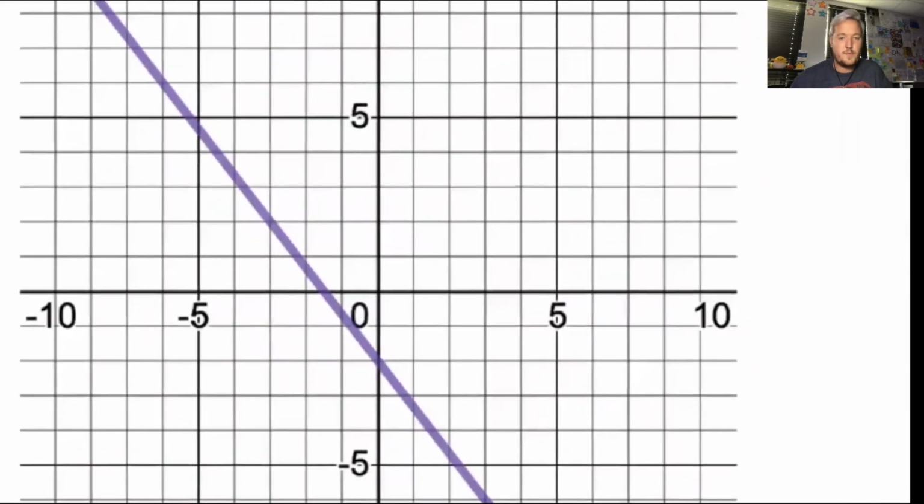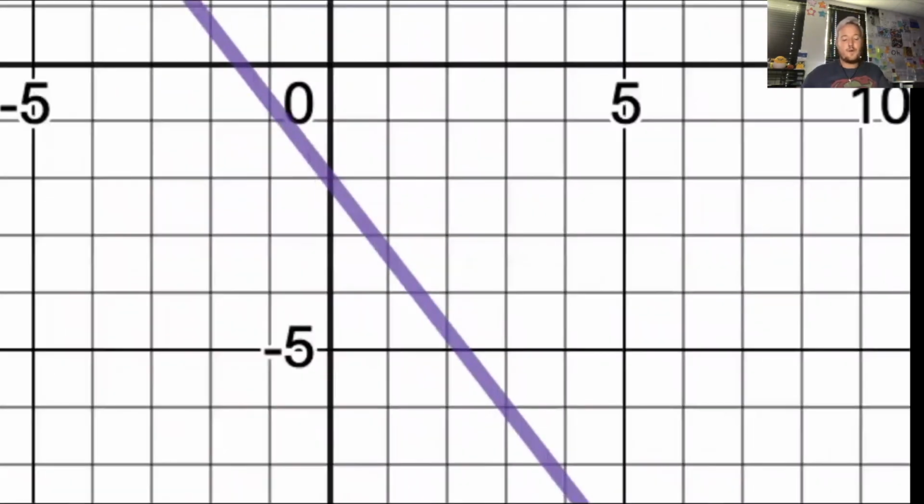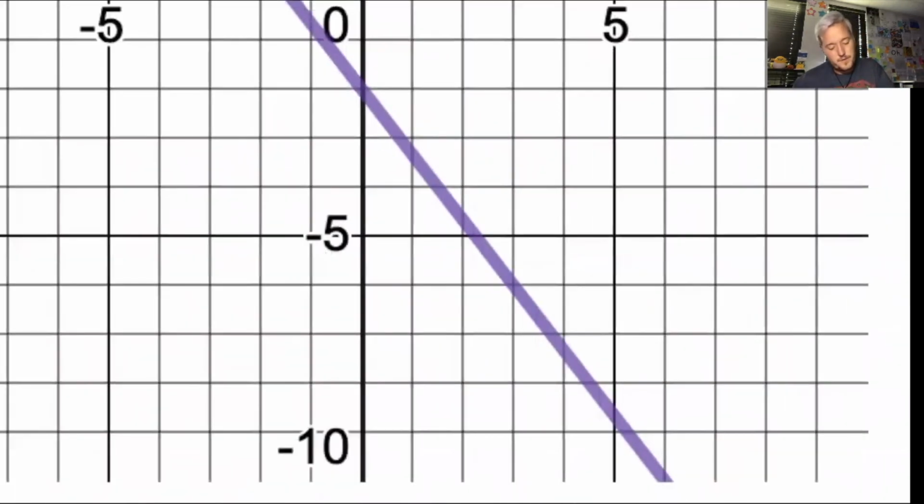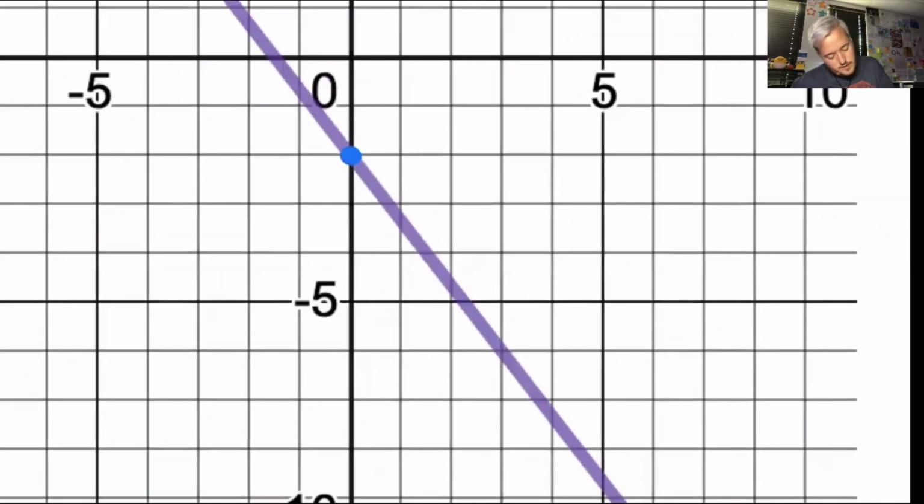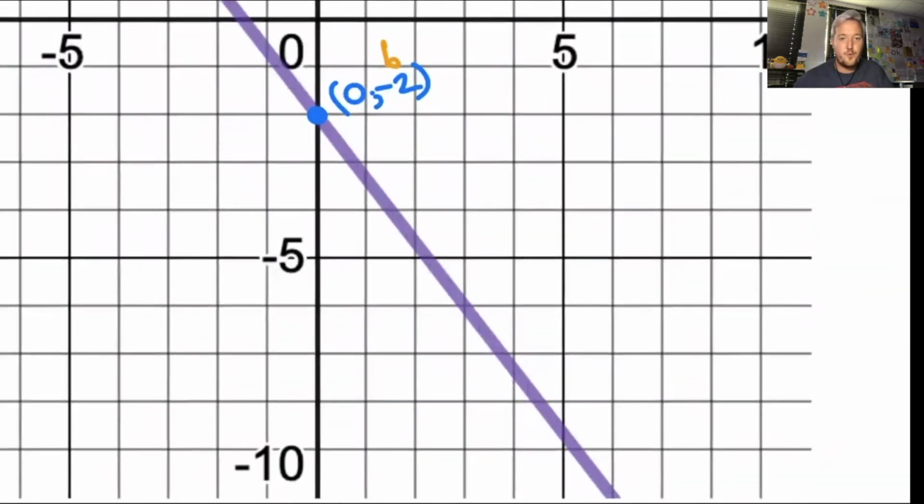All right, so same idea with number 2. I'm going to look for my y-intercept, my b value, which is down here. That is (0, -2). So I know that -2 is my b value. Now I want to look for another point that I can use so I can find my slope. You want to look for a very clear, concise point.